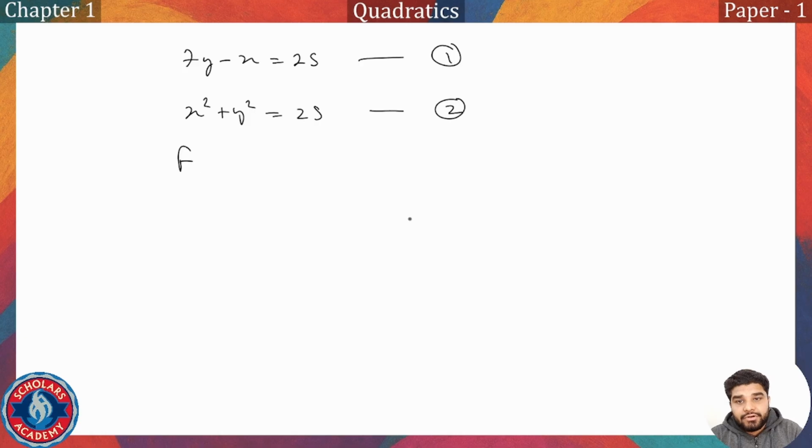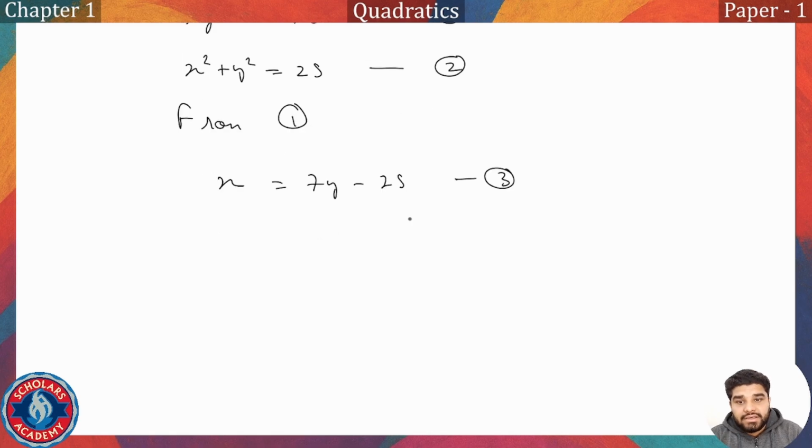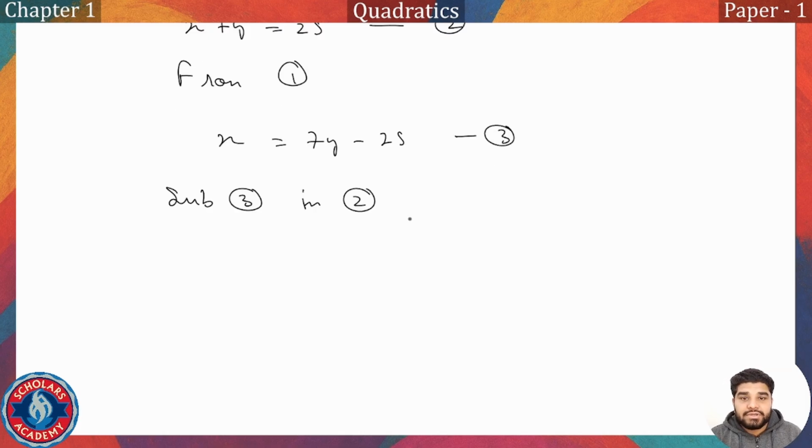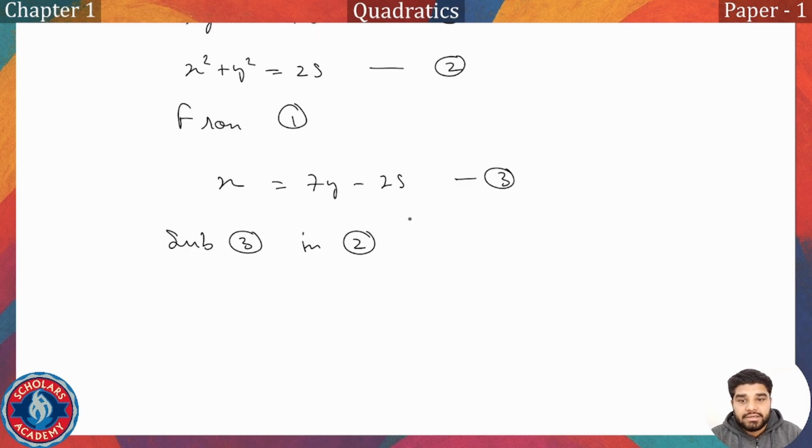So from equation number 1, we can say that x is equal to 7y minus 25. We can say it as equation number 3. So substituting equation number 3 in equation number 2, we get whole square of 7y minus 25 plus y square is equal to 25, right?